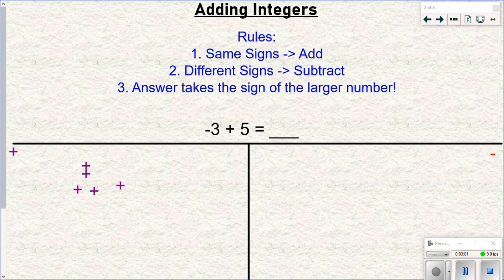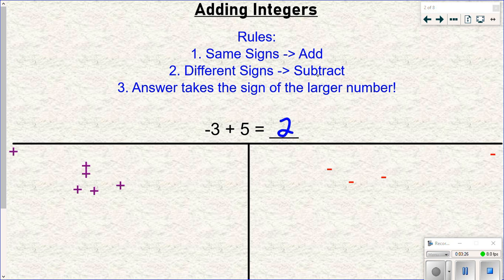And I have 3 negatives. 1, 2, 3. And the positives are going to win the battle because they have more than the negatives do. There's 5 positives, 3 negatives. So what's the difference between those? How much did the positives win by? They won by 2. And the answer is positive because the positives won.